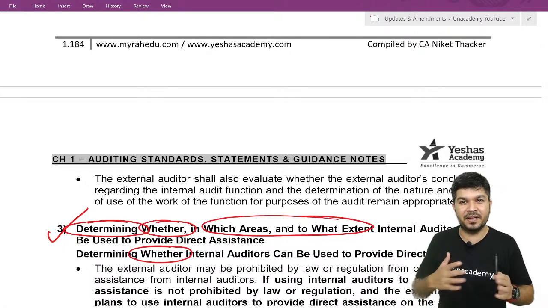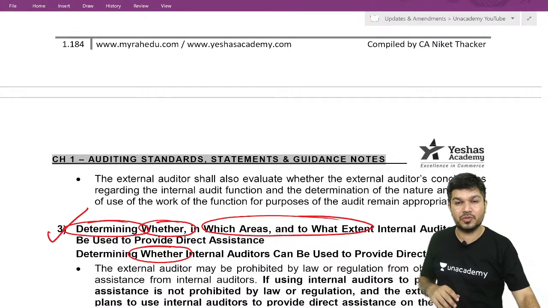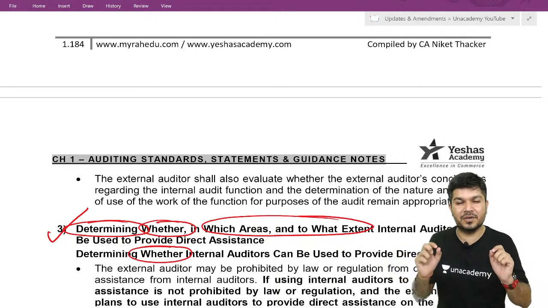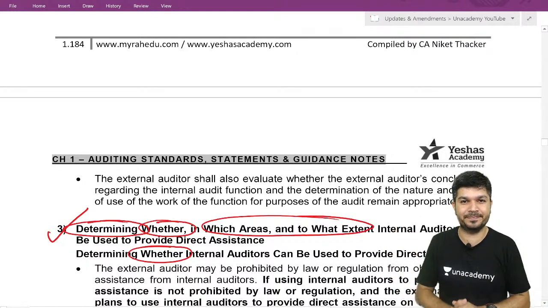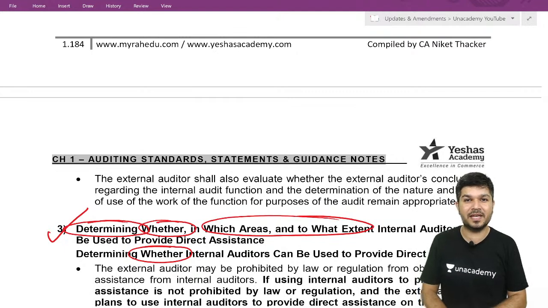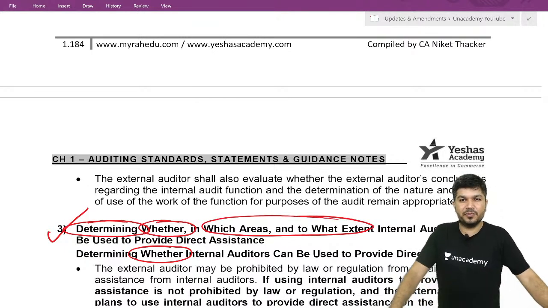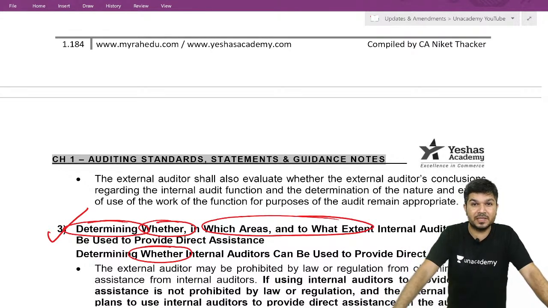Now tell me, we want him to check an 11th area for us. If you feel he will not be able to work objectively, should I use him to check that 11th area?